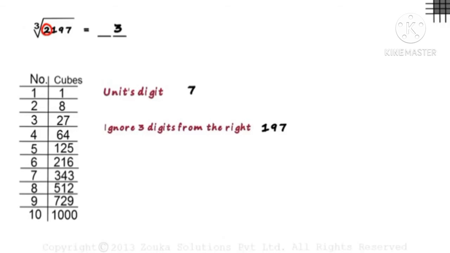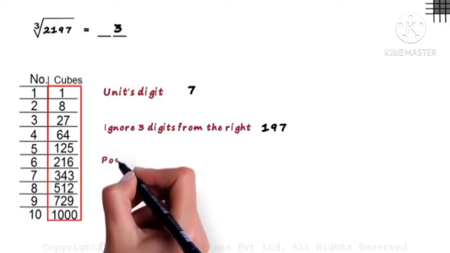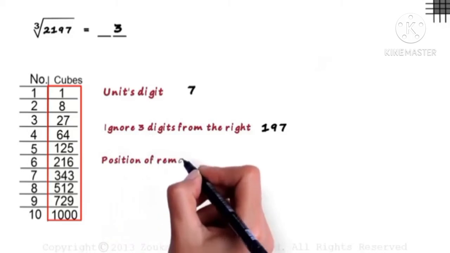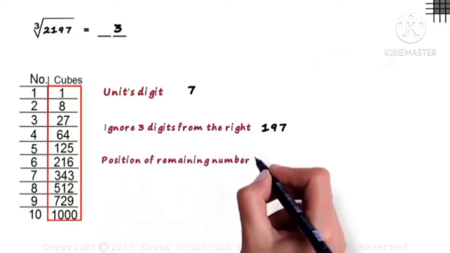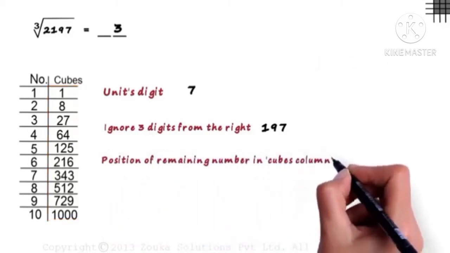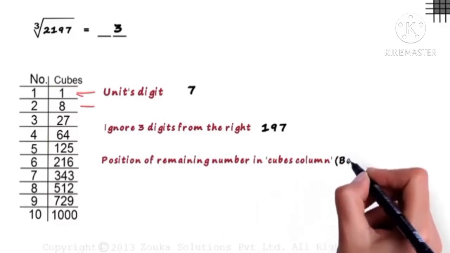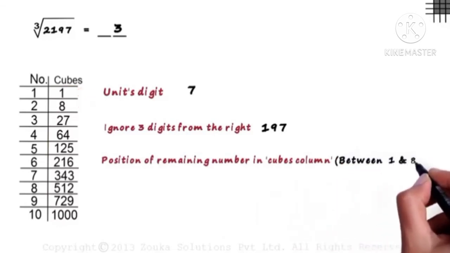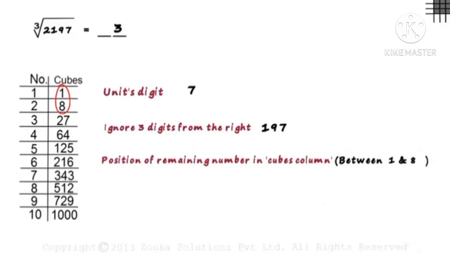We check where 2 is placed in the cubes column. That is, we check the position of the remaining number in the cubes column. In the cubes column, the number 2 lies between 1 and 8. That means it's placed between 1 cubed and 2 cubed.